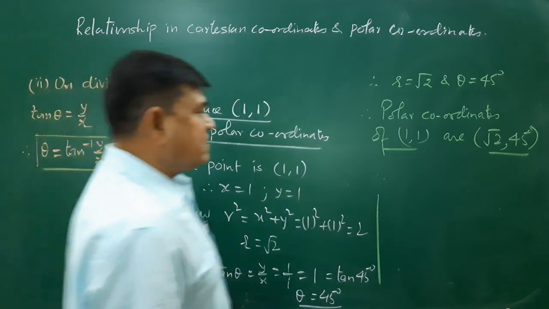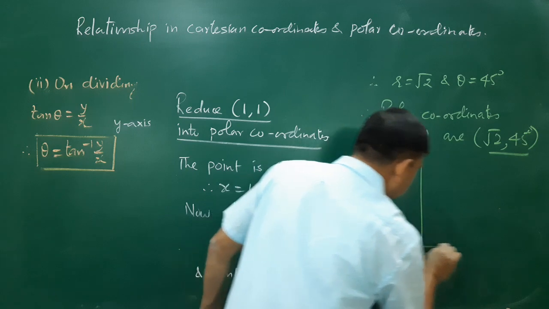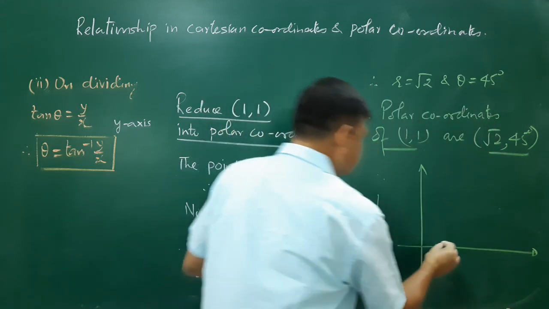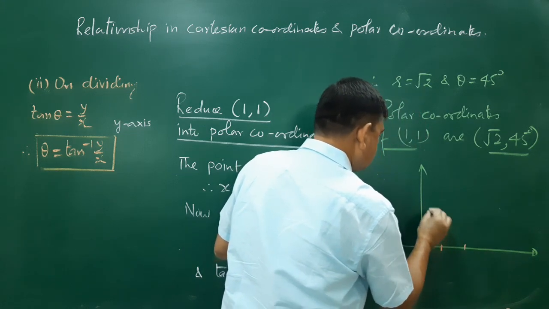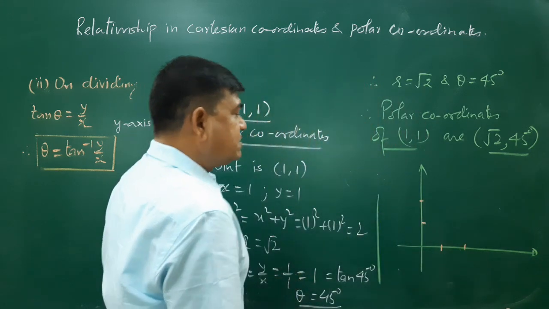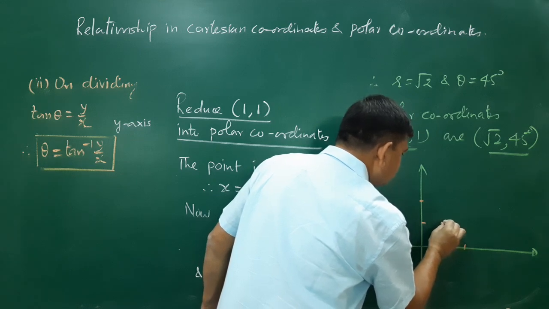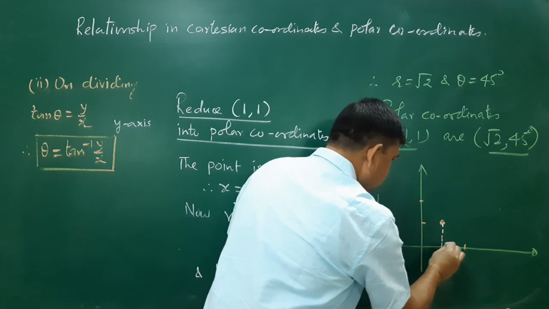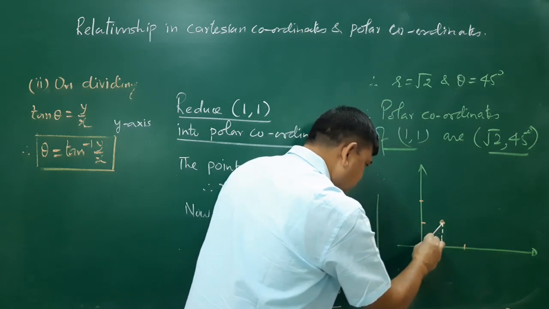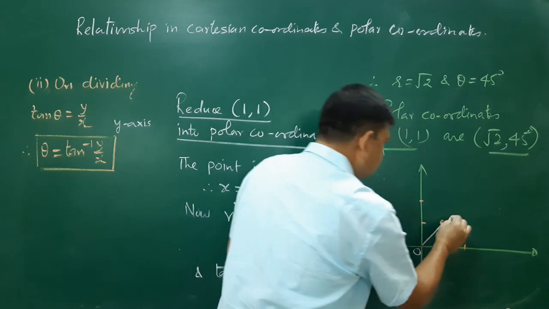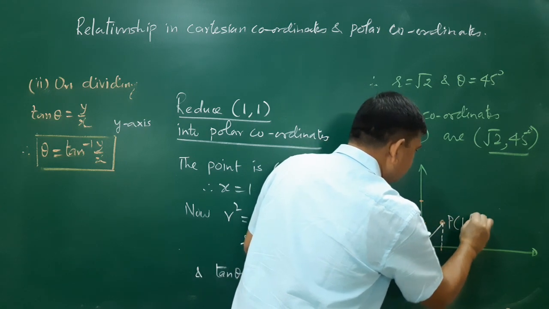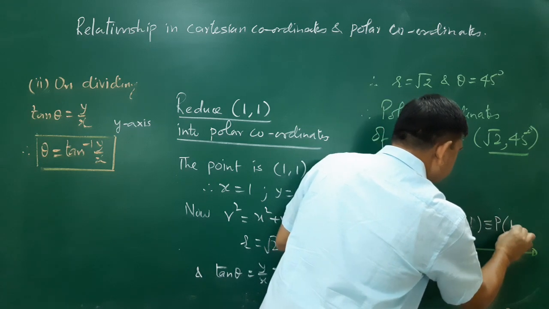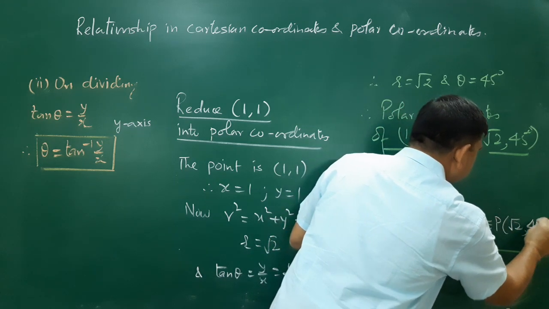So if we draw the diagram, we find this. In Cartesian coordinates, the point is (1, 1), meaning here this is the point. This is O, and this point P is (1, 1), it is equivalent to root 2 comma 45 degrees.